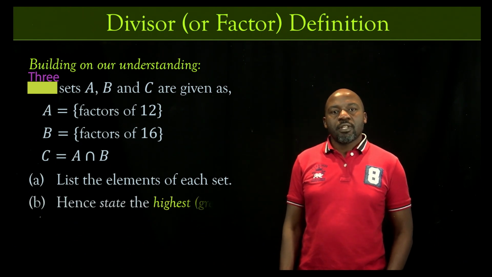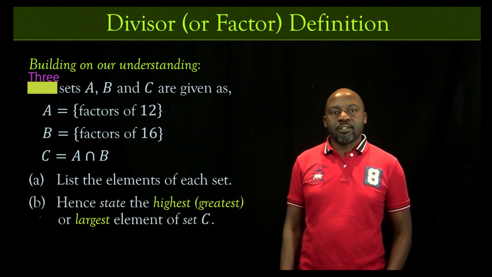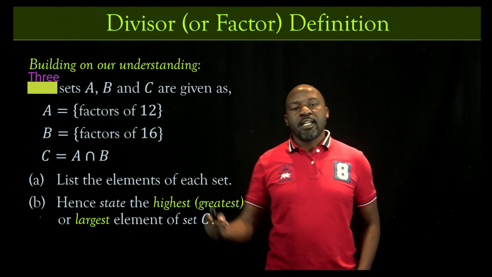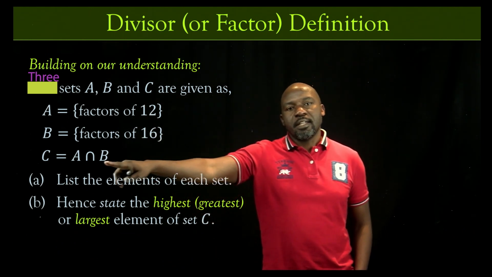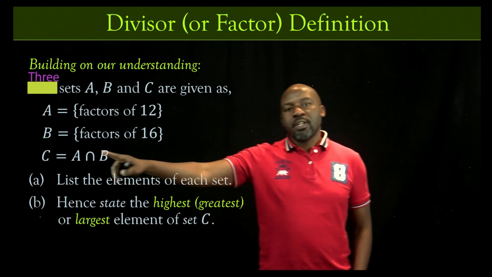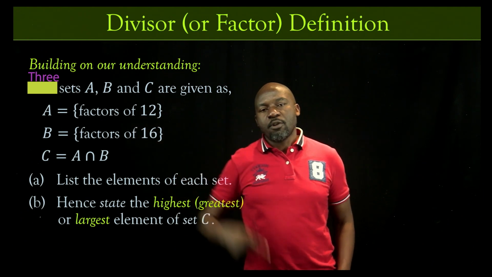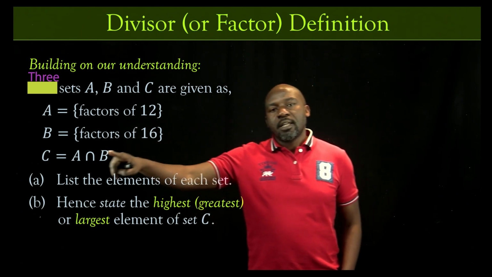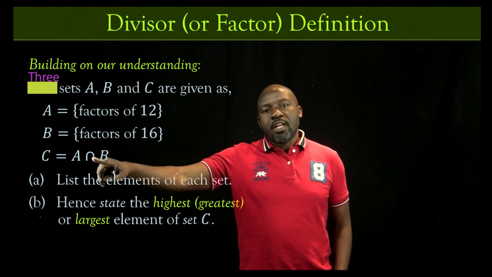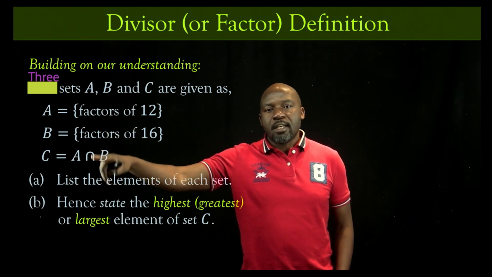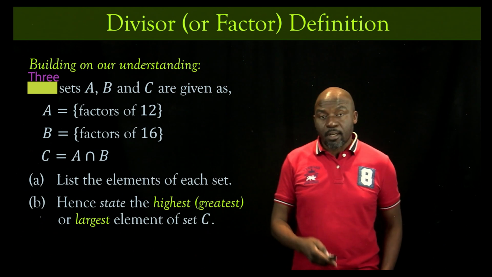The next question is to state the highest or the greatest or the largest element of the set C. So once we've listed this set, the set of common factors, in other words, when we say intersection here it means the elements that are here and also here, and that is the set of common factors.